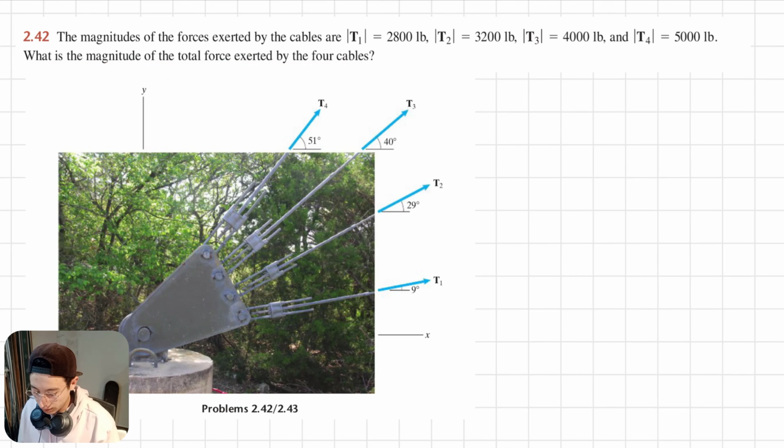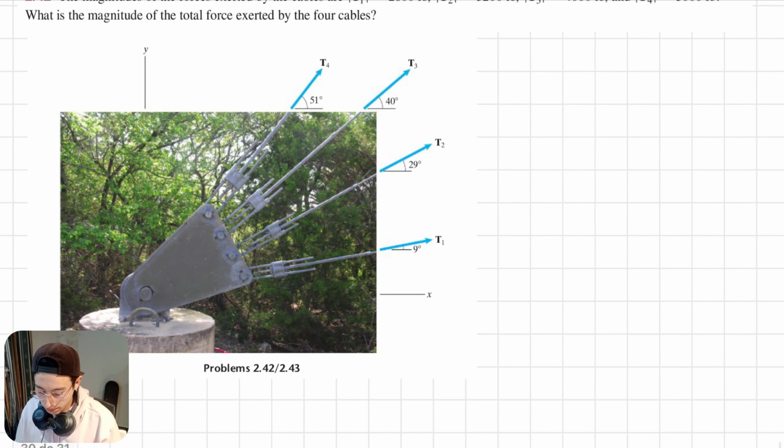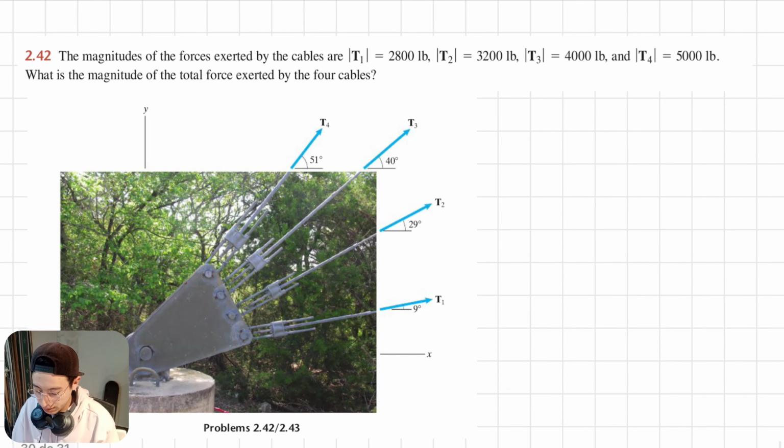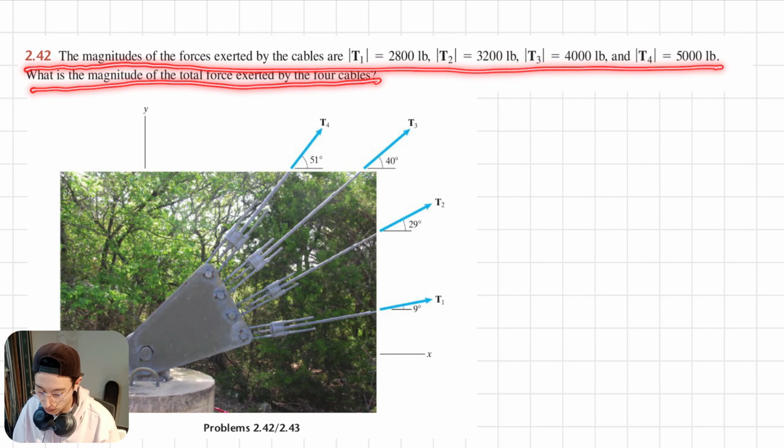All right, so basically what we have right here is 1, 2, 3, and 4 cables. The four of them are actually applying force on this body, right? And the problem is asking for the total magnitude of the force exerted.